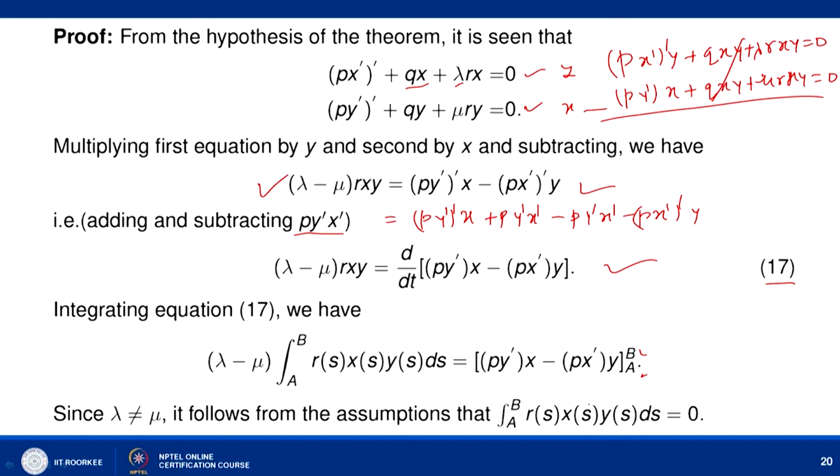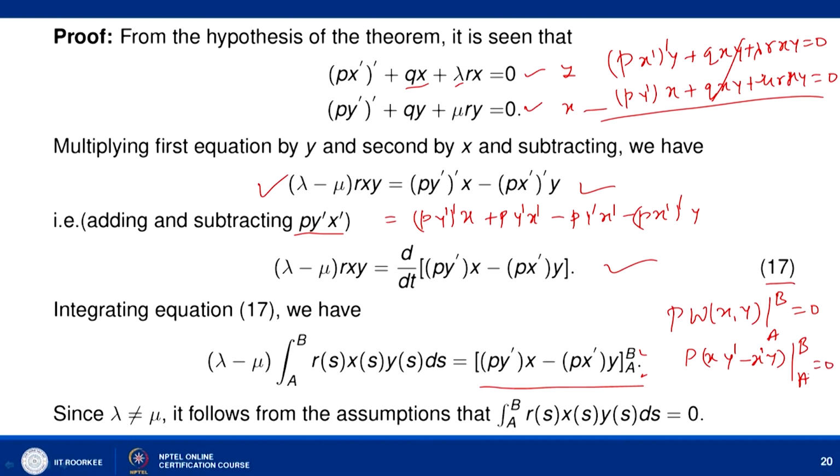Now look at this equation, it is already given. What is given here is that p times the Wronskian of x and y from a to b is equal to 0, meaning p times (x y dash minus x dash y) given at b is equal to 0.